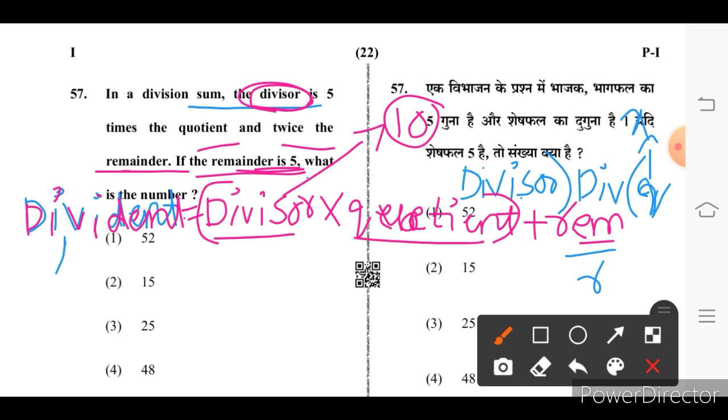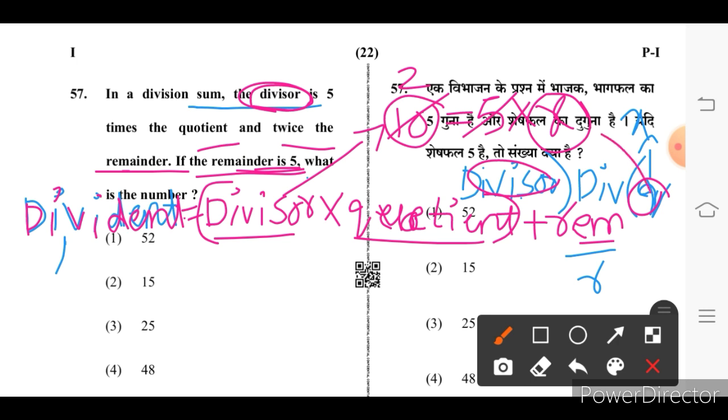We don't know the quotient, so this divisor is 5 times the quotient. That means 10 is equal to 5 times x. Cancel 5, we get the x value.